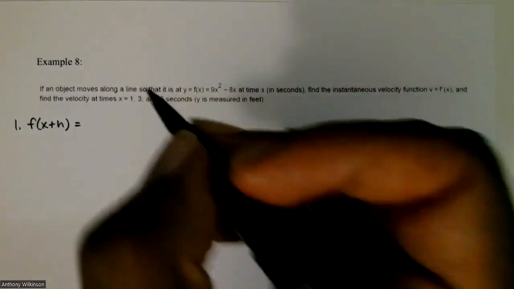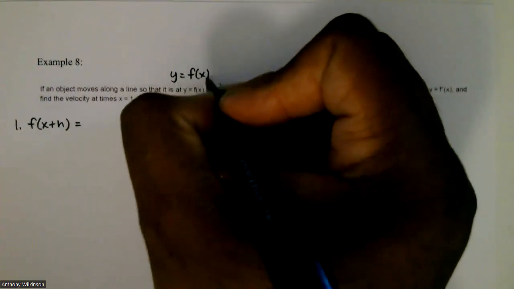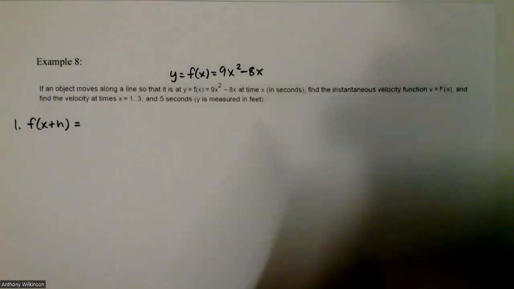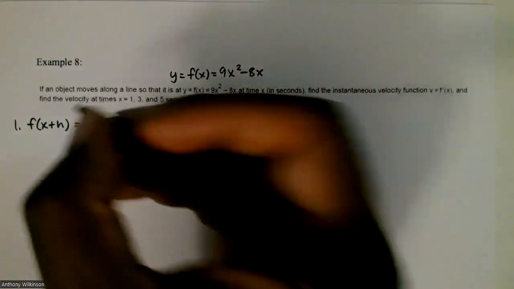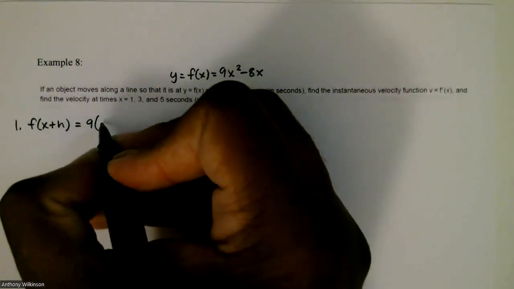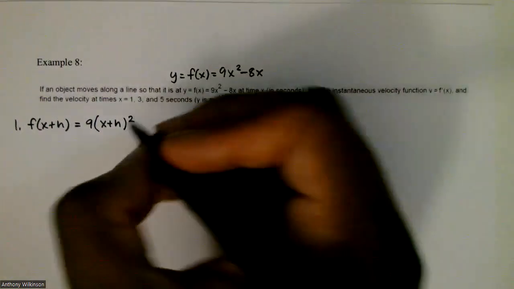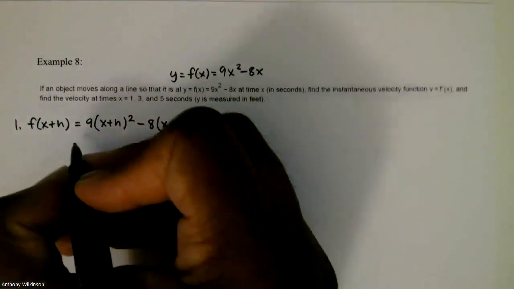This is our function y equals f of x, which is equal to 9x squared minus 8x. So every x we substitute with x plus h. So it'd be 9 times x plus h quantity squared, minus 8 times x plus h.